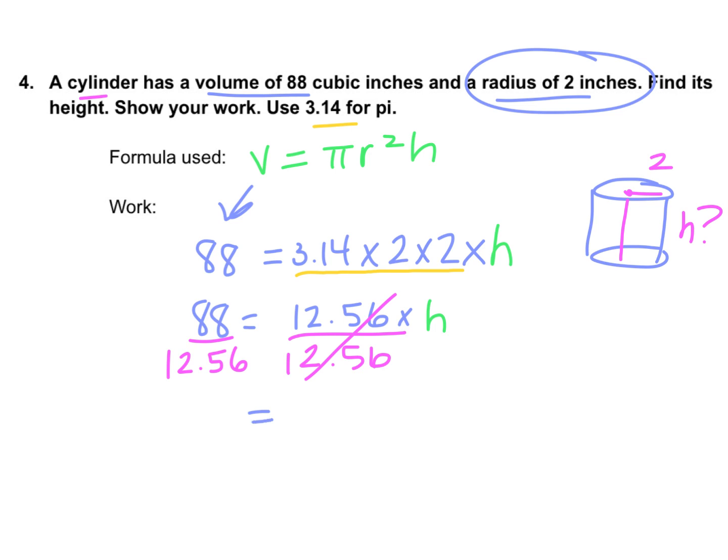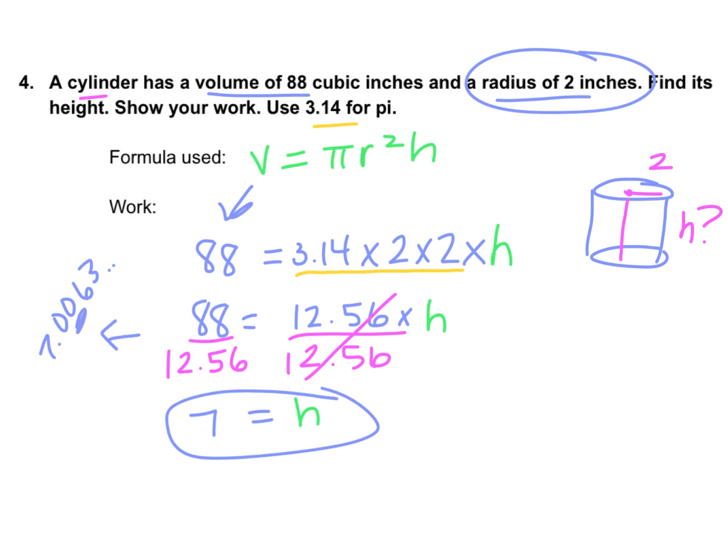So now that gives me the h by itself, and then I'm going to go ahead and do 88 divided by 12.56, and I do get a bit of a decimal, like 7 point something, so I'm going to say that my height is 7. So I did get that decimal, but there's a lot of zeros there in the tenths and the hundredths place. So I'm going to think it's safe to say that my answer is 7.